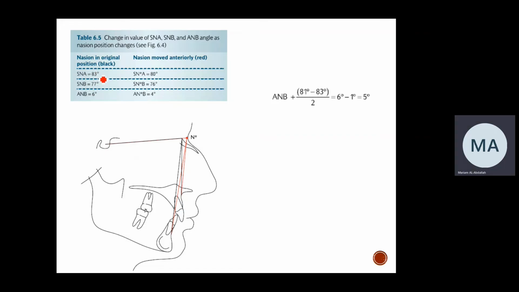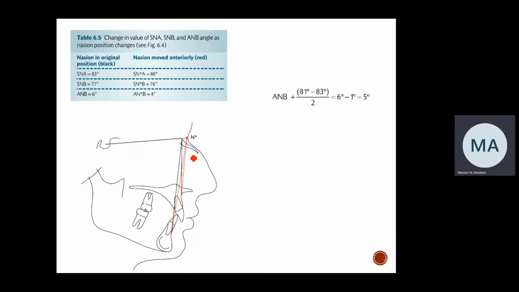So for this patient, the SNA is 2 degrees above 81. That means we need to subtract a whole degree from 6, which means that after correction, ANB equals 5. Okay, 6 means class 2 skeletal pattern. 5 means more class 2 skeletal pattern, but less severe.